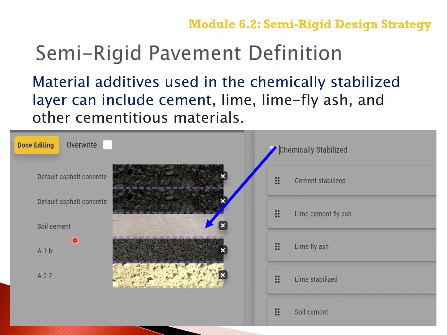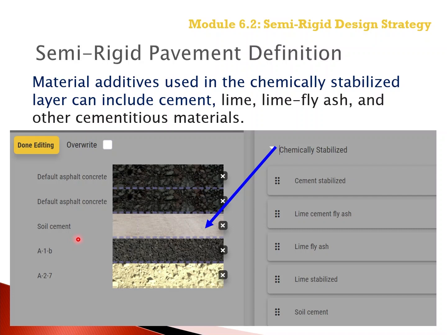So different materials or additives can be used in the chemically stabilized layer. These can include Portland cement, lime, fly ash, and different combinations, as well as other cementitious types of materials.